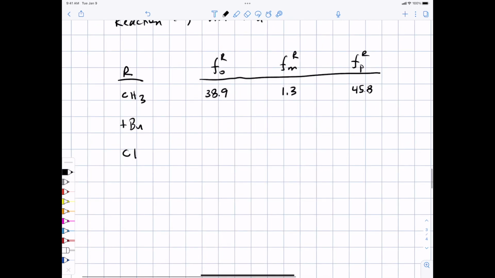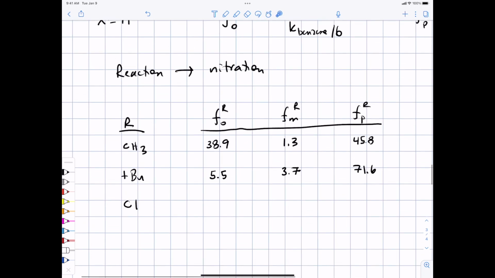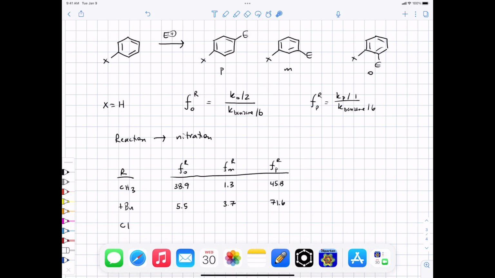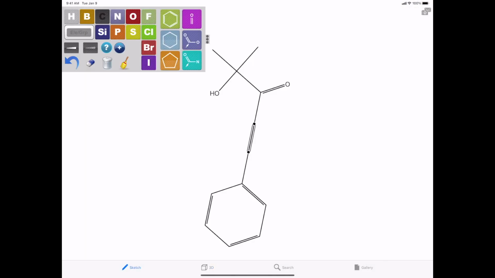For t-butyl, see if you can rationalize this. Makes sense. It's not actually hard. Why are we now biased towards para? Sterics, right?